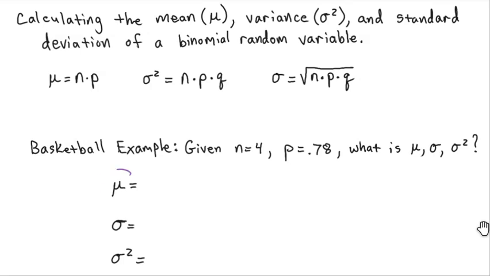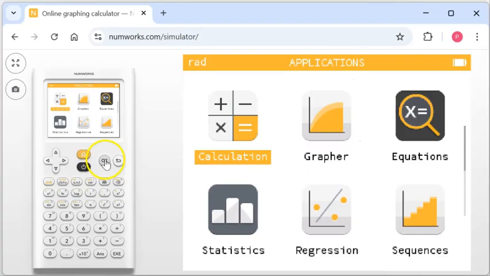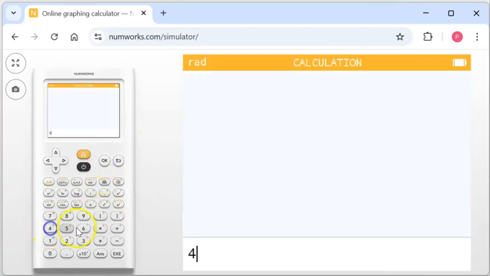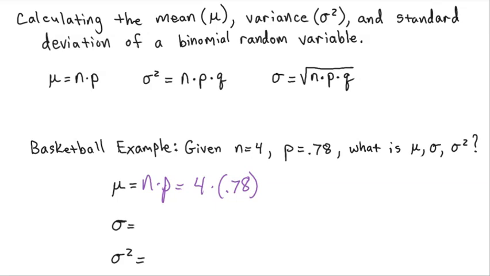It's easy to calculate the mean because it's just n times p, which in this case is 4 times 0.78. We'll move over to a calculator real quick. All right, we've got our NumWorks calculator here. 4 times 0.78 is 3.12, and so the mean of this binomial random variable is 3.12.